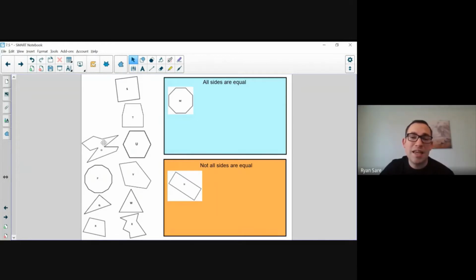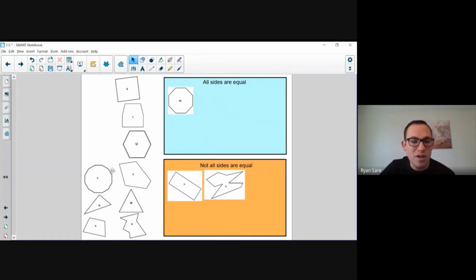So this is a decagon, I believe. And I can tell you right now, this line is really long and this line is really short. So for that one, it's going to go down here. Not all the sides are equal. This one, it looks pretty much all spread out.